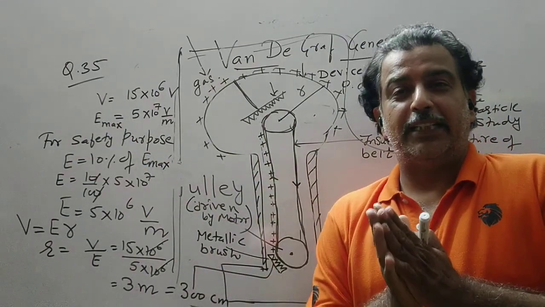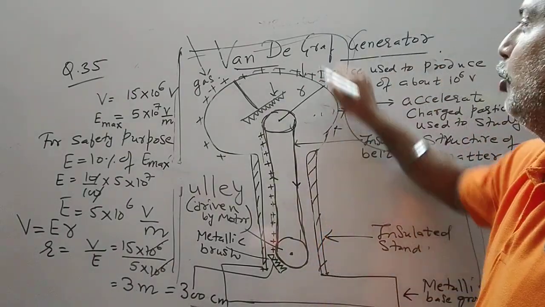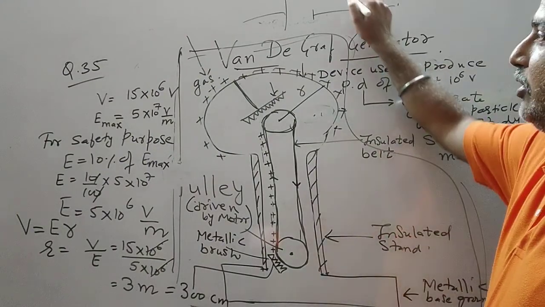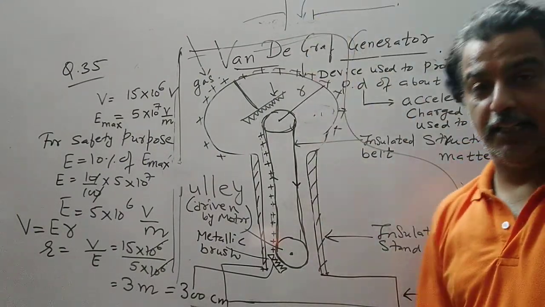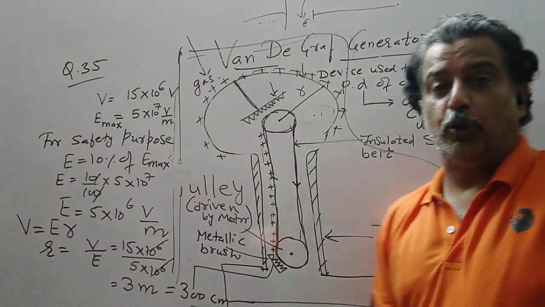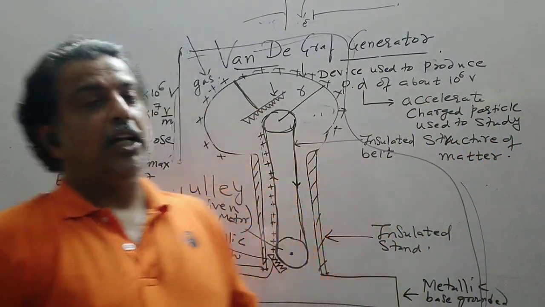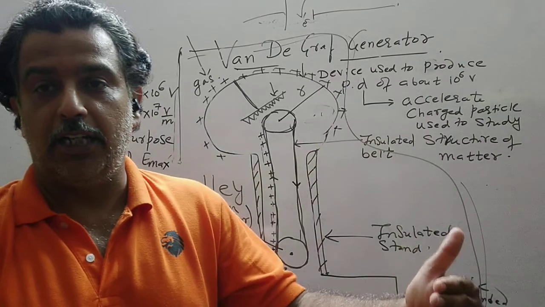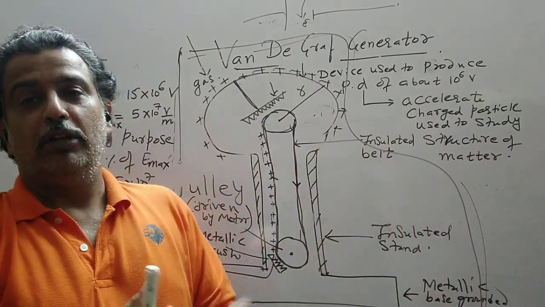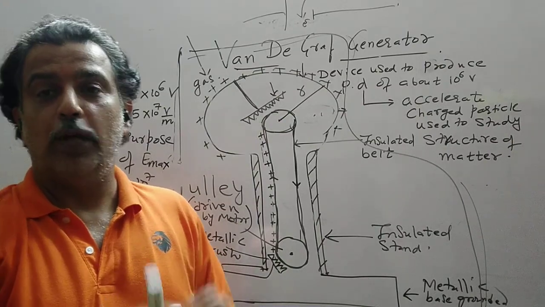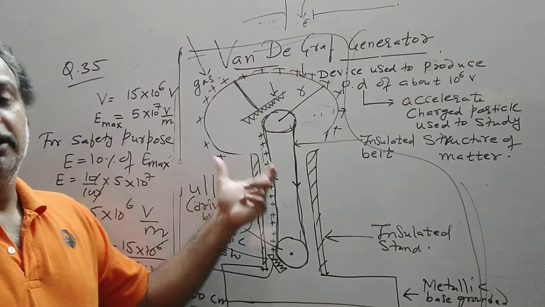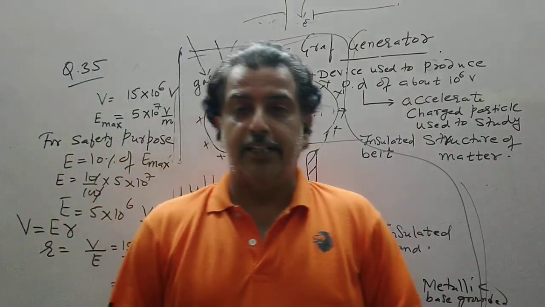If a charged particle enters into it, there is a potential difference, so that charged particle will be accelerated. Force will act on it, and we know that force is equal to mass into acceleration, or the work is done on it with the help of this potential difference created.